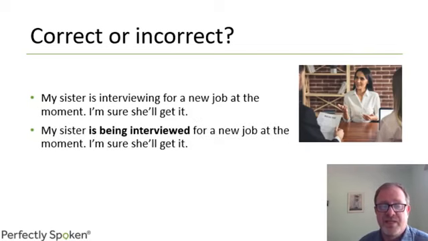My sister is being interviewed for a new job at the moment. I'm sure she'll get it. Okay, so this is the verb to be in the present continuous, is or are, plus being, plus the past participle.